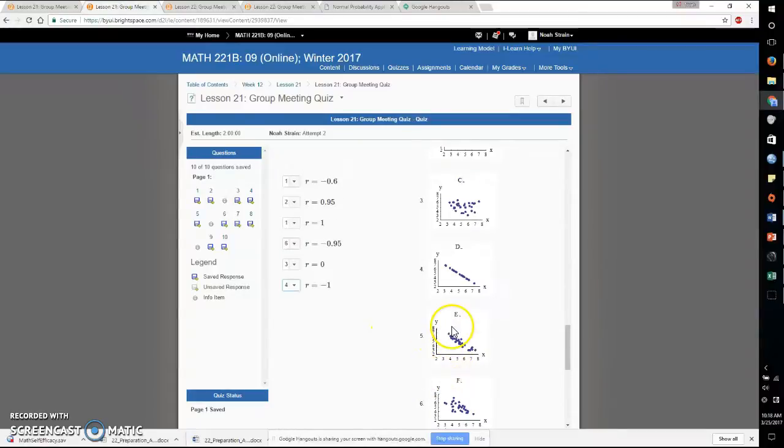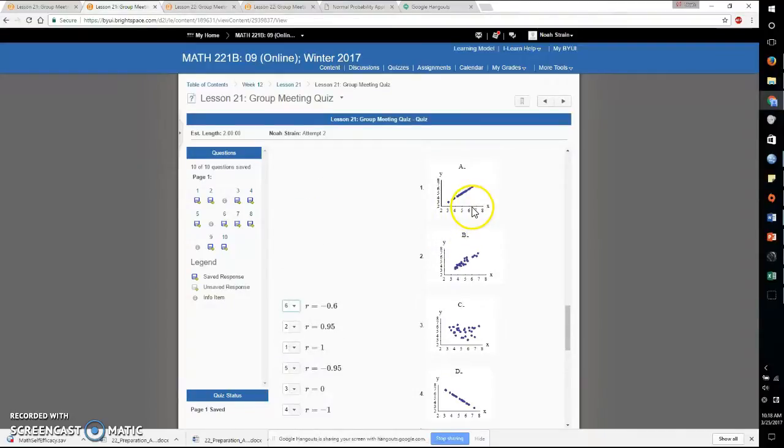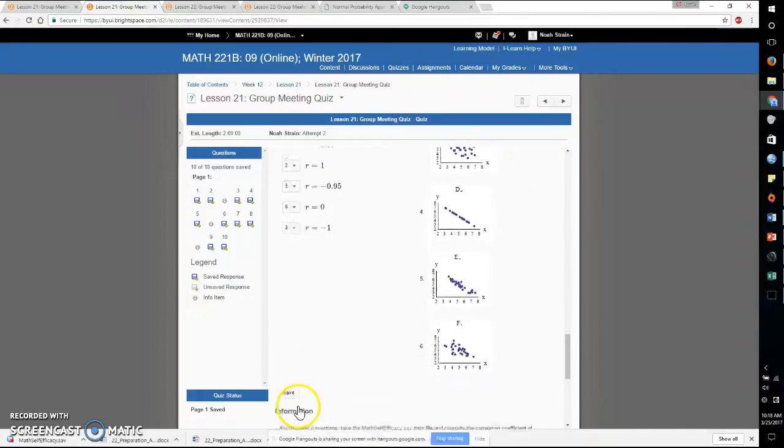And let's see, E looks like it's going negative, but it's not perfect, so that'll be the negative 0.95. And that leaves F to be the negative 0.6. So that will change depending on the quiz you got, but these are the correlations for those lines.